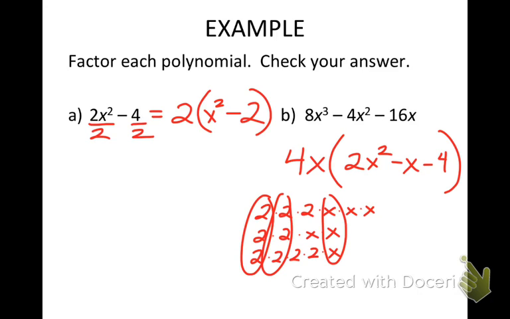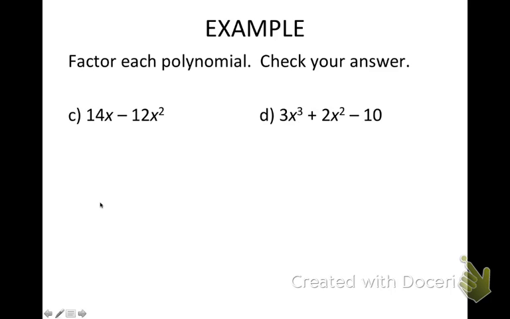All right, let's try another one. 14x minus 12x squared. What's the largest number that divides into 14 and 12? GCF, you're fine, is 2, right? How many x's can I take out? I only can take out 1.